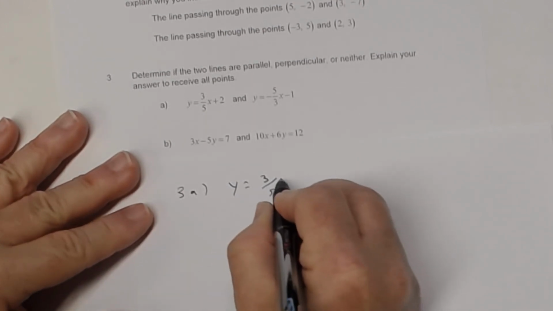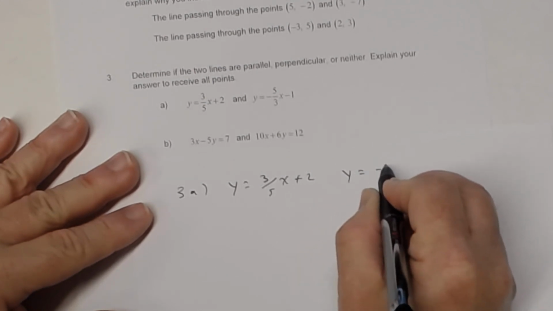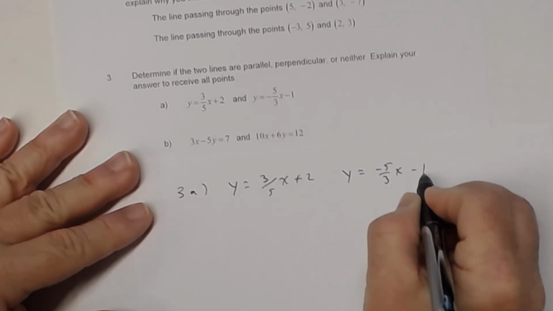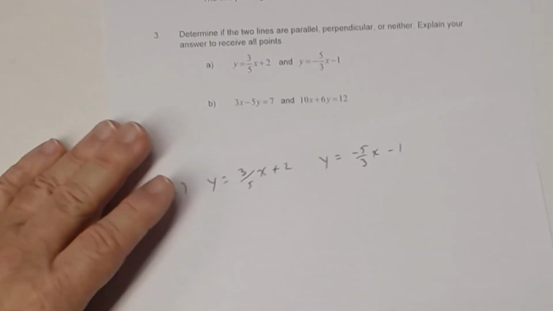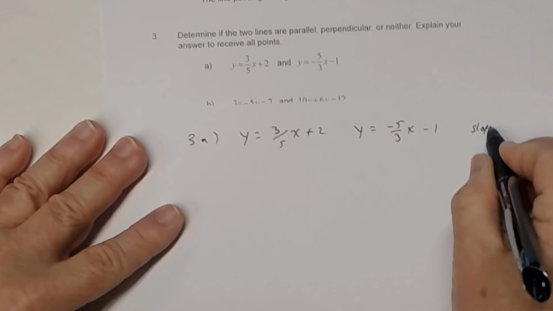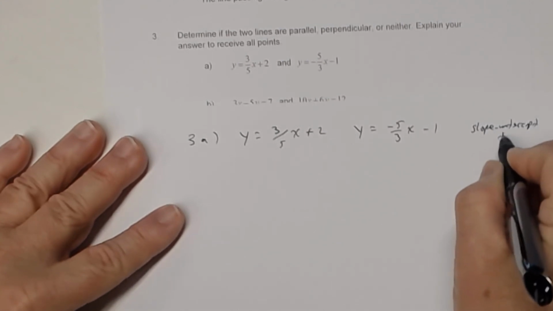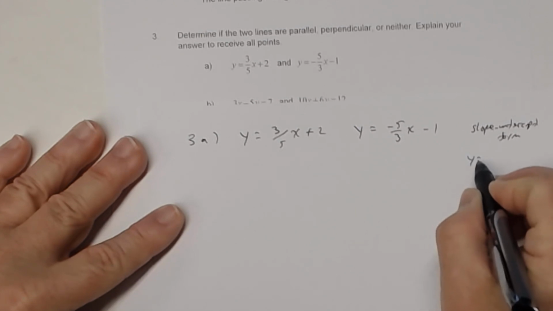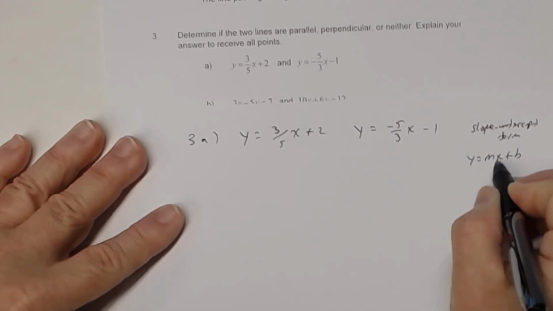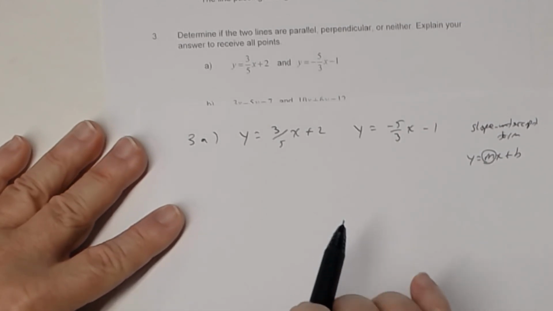When it's written in slope-intercept form, it is easy to find the slopes. Remember, slope-intercept form is y equals mx plus b. So the slope is the coefficient of x. Once you get y by itself, the slope is the coefficient of x.